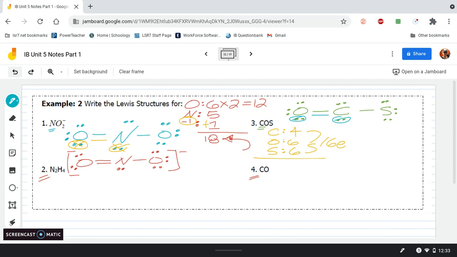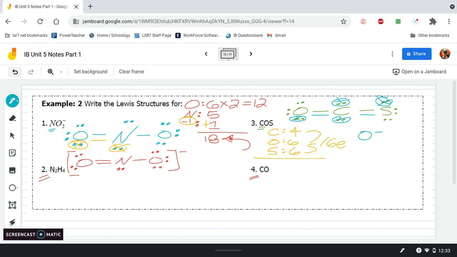You could do a double or triple. I'm just going to do 2 doubles. And 2, 4, 6, 8, 10, 12, 14, 16. Very cool. We have our structure. So let me clean it up a little bit. It would look like this.